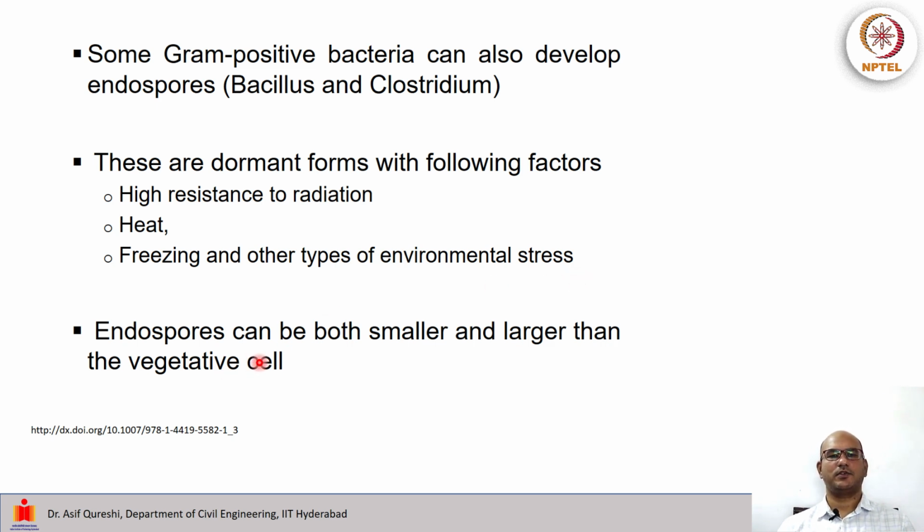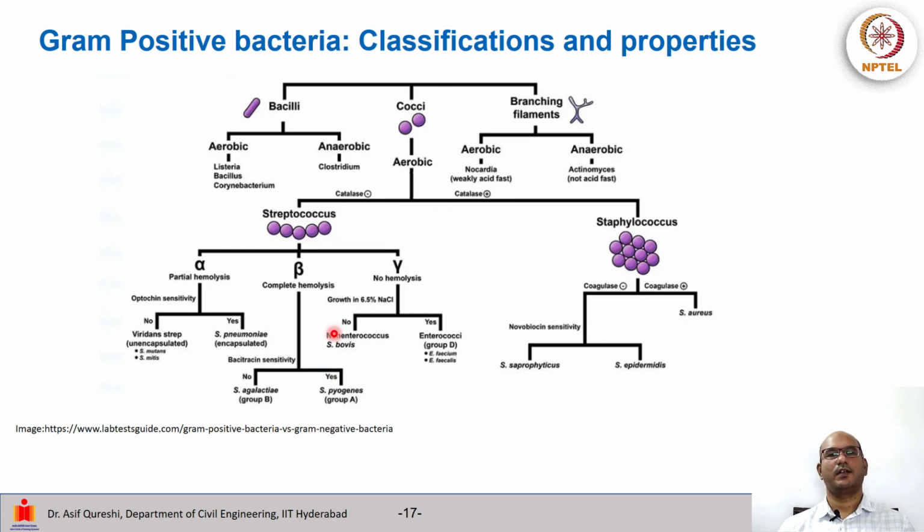In general, endospores can be both smaller and larger than the vegetative cell. These are some classifications and properties of the gram-positive bacteria. So we will start with the branching filaments.